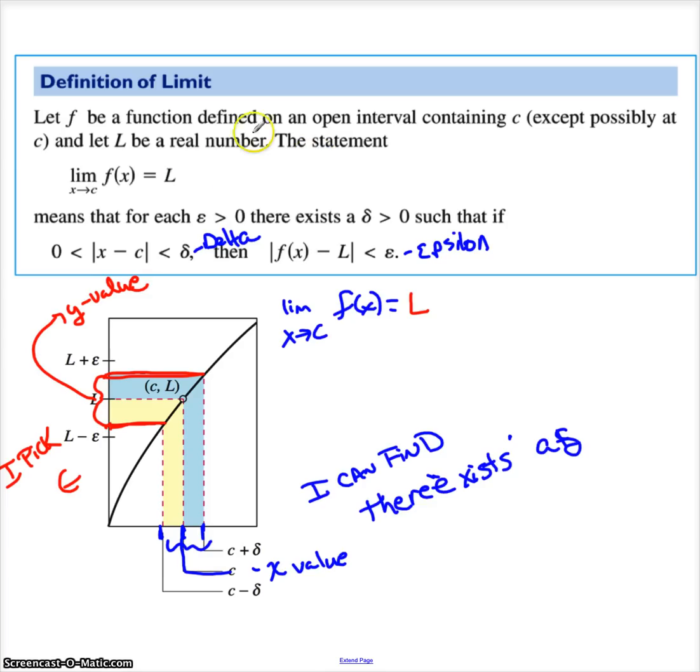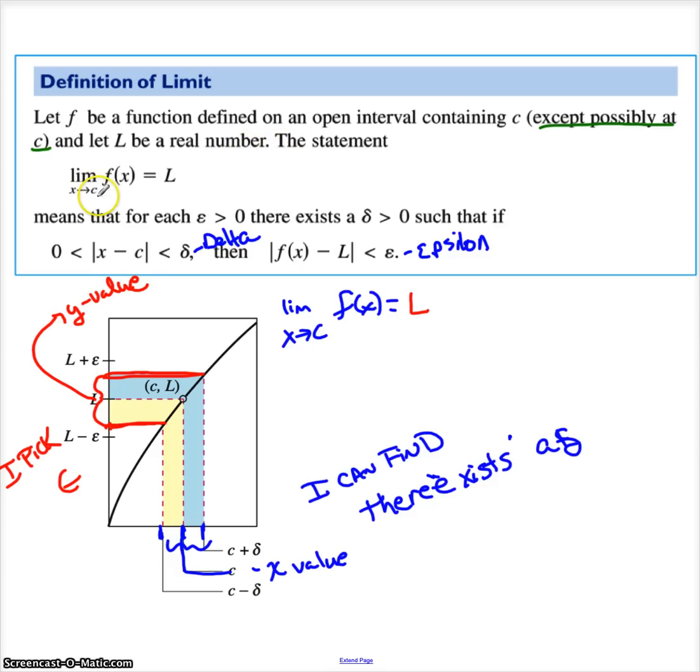So now let's come up and read this. Let f be a function defined on an open interval containing c, except possibly at c itself. Remember, the function does not even have to exist at the point. So that takes care of that. And L is a real number.